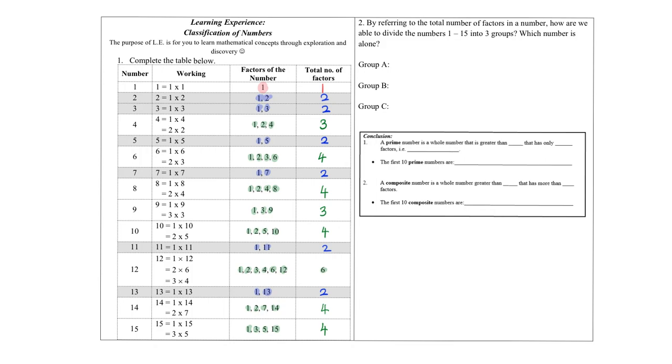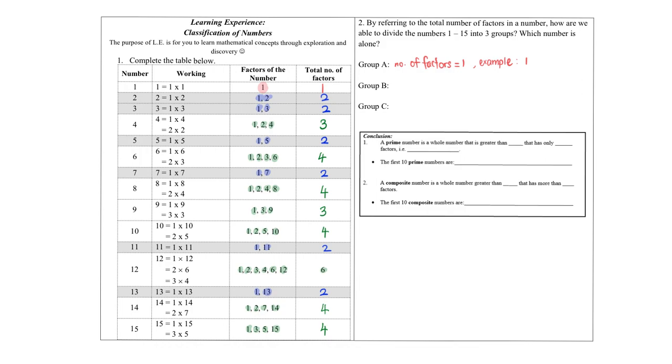So yep, the first group, group A, will be the group where the number of factors equals only 1. And the example would be 1.